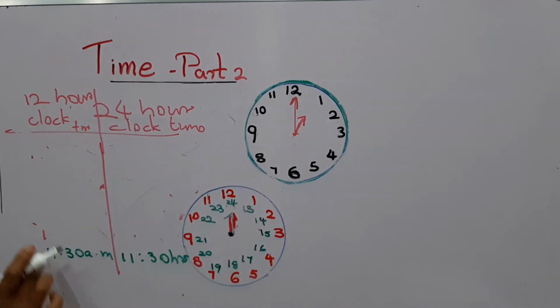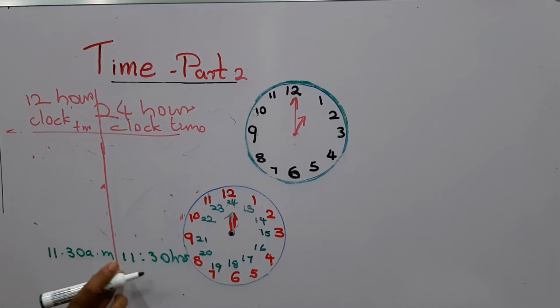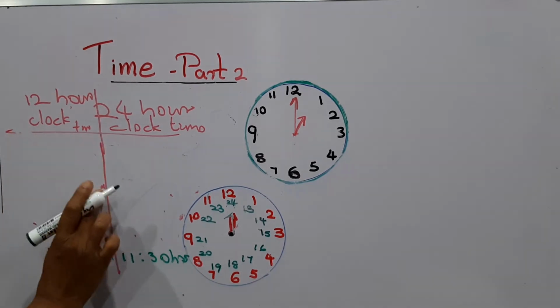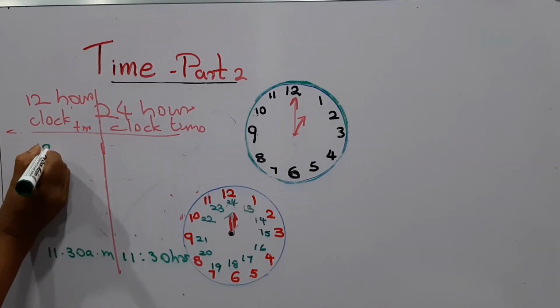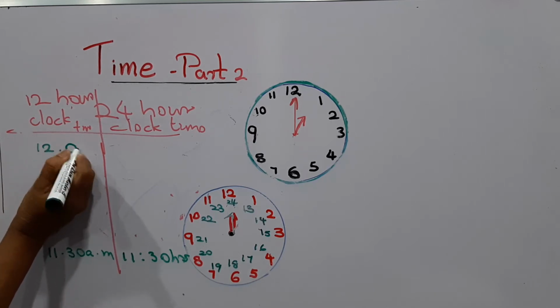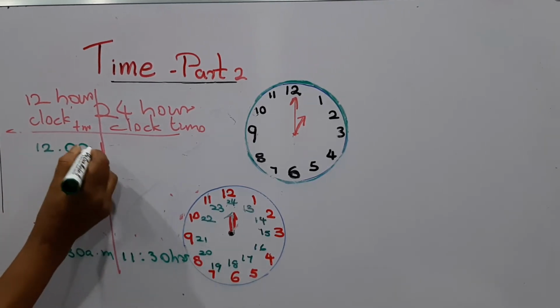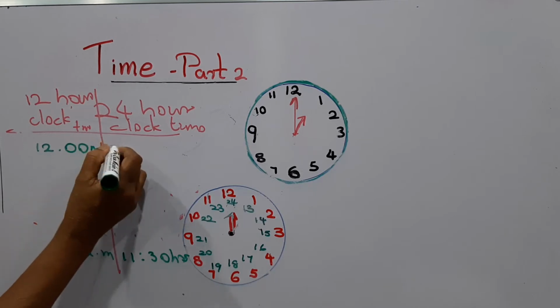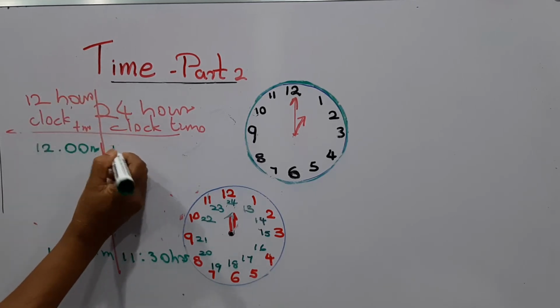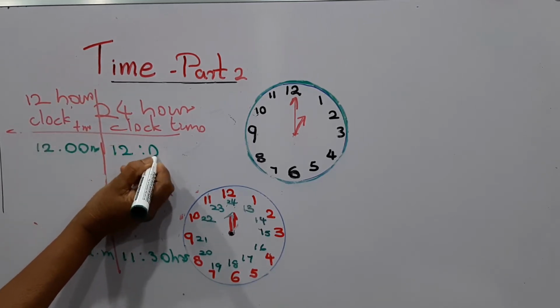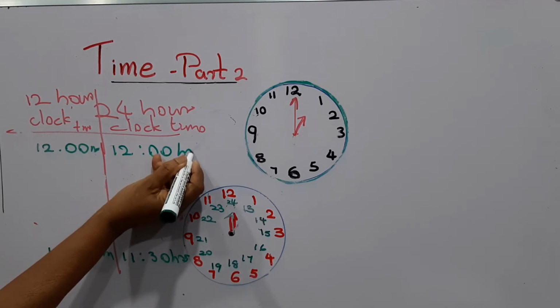Now we'll write here from 11:30 a.m. We wrote it like that. Then we'll think about 12 noon. That is noon. We are writing in digital time like this, 12. Okay.